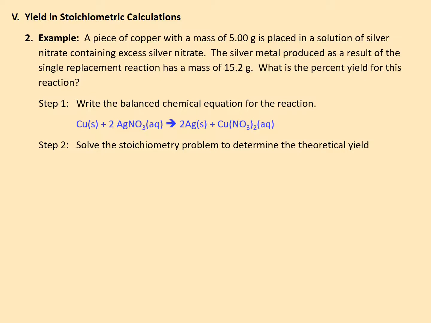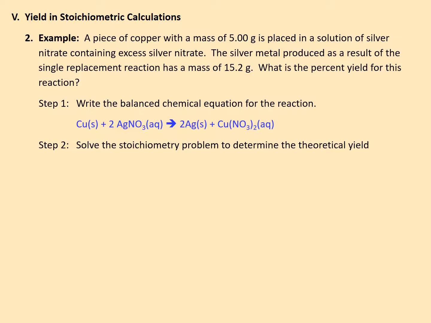The second step is to solve the stoichiometry problem to determine the theoretical yield. Remember, the theoretical yield is the amount of product we predict we should get based on the limiting reactant. So this is what we've been doing this whole lesson. This problem is particularly easy because we are actually told which of the reactants is the limiting reactant. It tells us here that the silver nitrate is in excess.